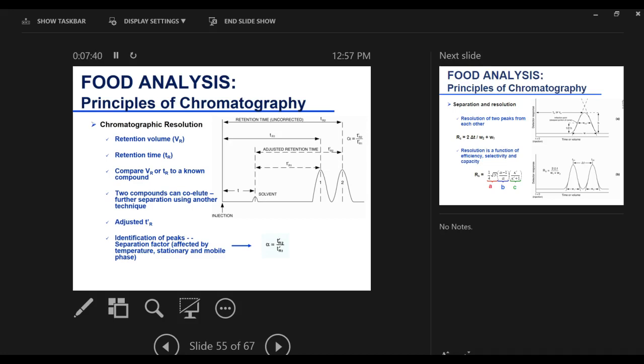Each system has a different time for the solvent front to come out. If we adjust for that, then the retention time is more calibrated. So T prime is the adjusted retention time, taking into account the solvent front time. That means it's the retention time minus the solvent front time.